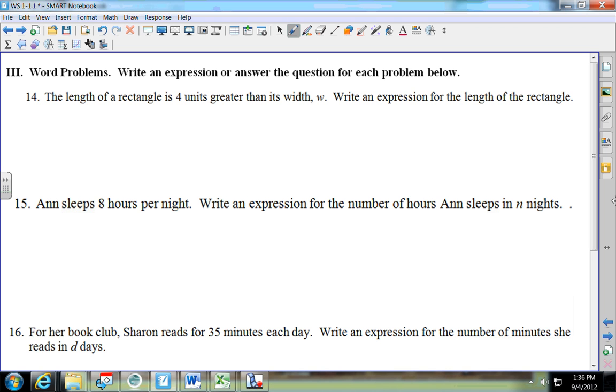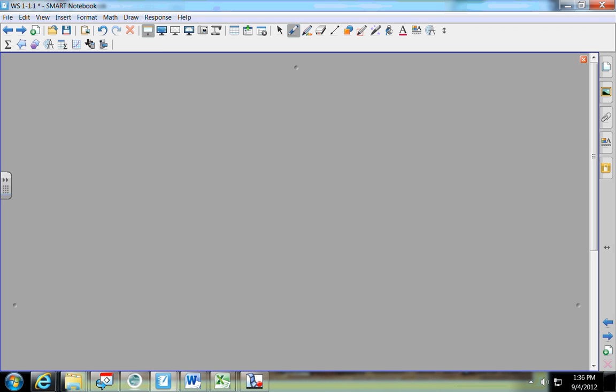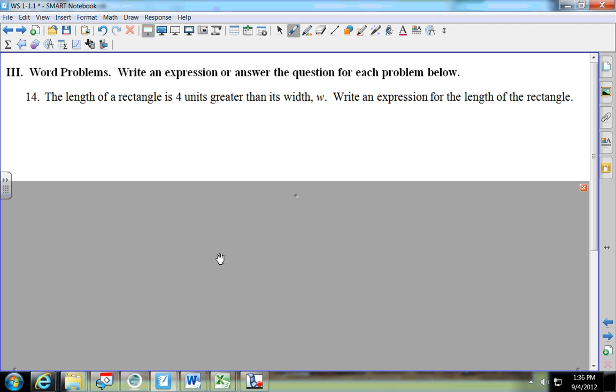So on this next one, on number 14, if you're at home doing this, pause the video and come back and see how you do. The biggest thing I realized when I went to do this was it was asking me for the expression, and I normally write what the words say. It says the length of a rectangle is, means equals, 4 units greater than the width. Well, this is an equation.